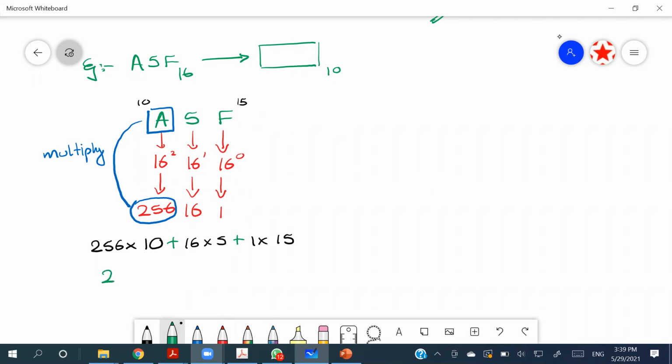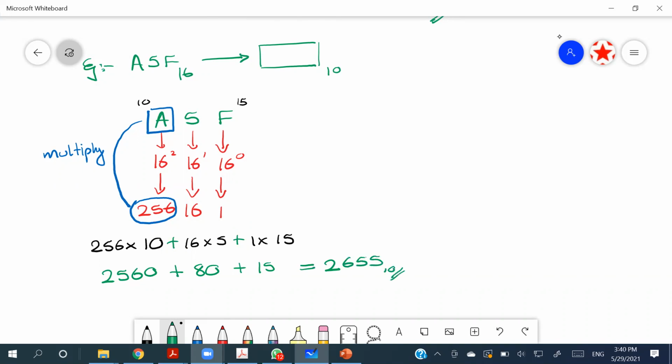That's going to give you 2560 plus 80 plus 15. So that gives you 2655. Am I correct? 2655.